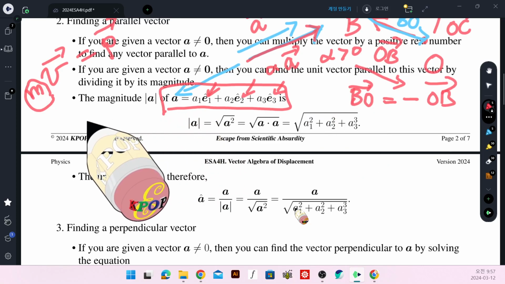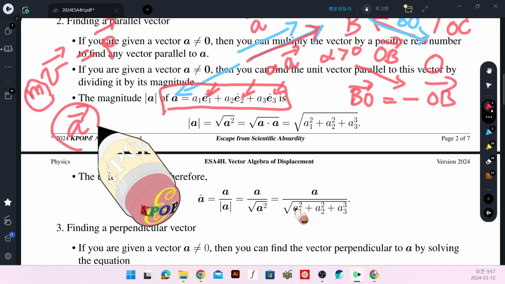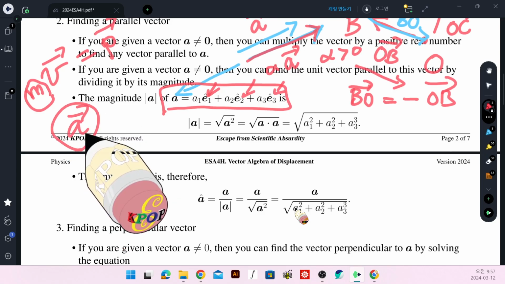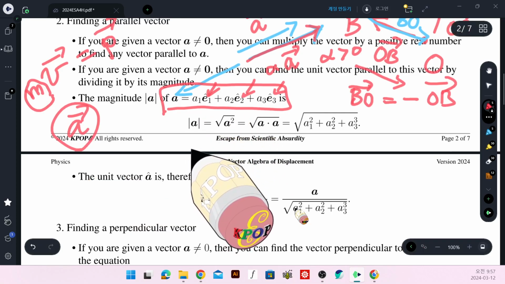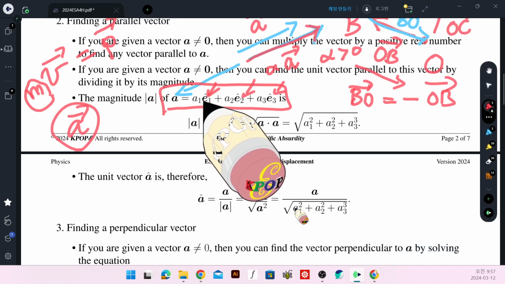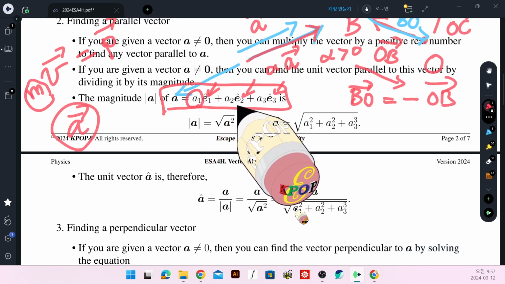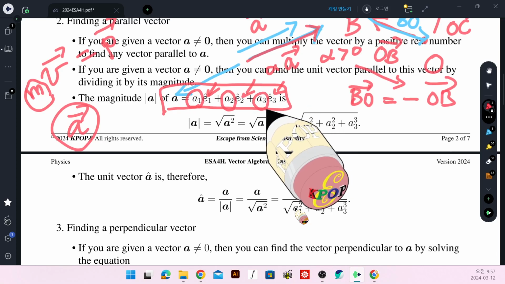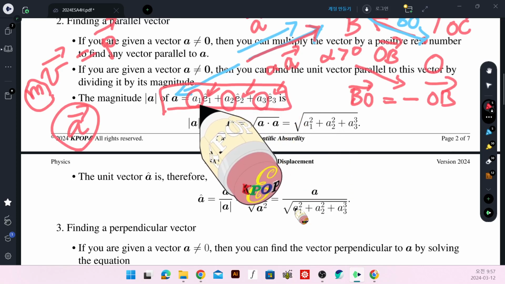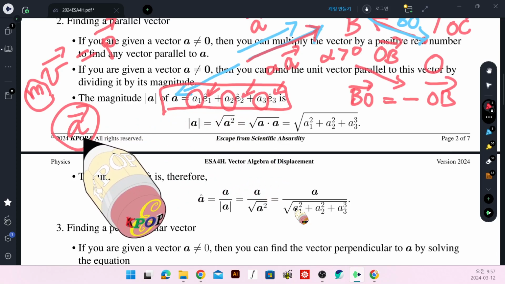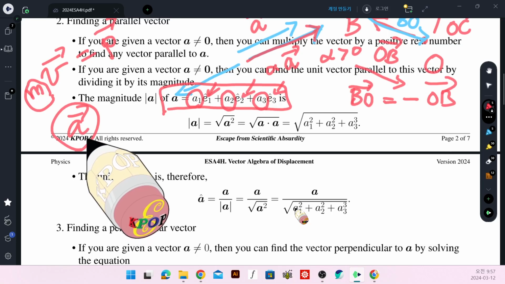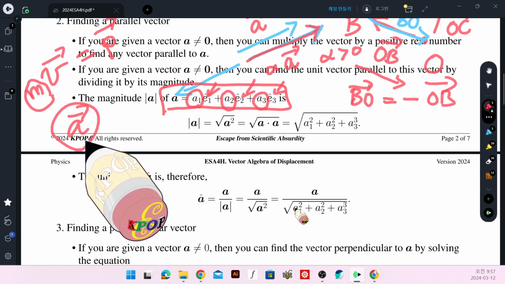Although a displacement vector has a dimension of length, the unit vector is dimensionless. Hence, the components A1, A2, and A3 have the same physical dimensions as that of the displacement vector A.